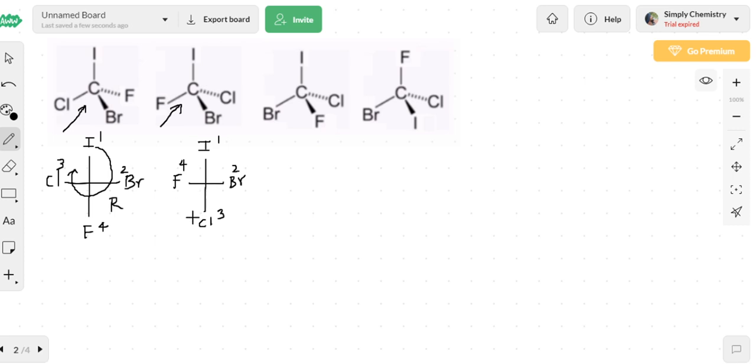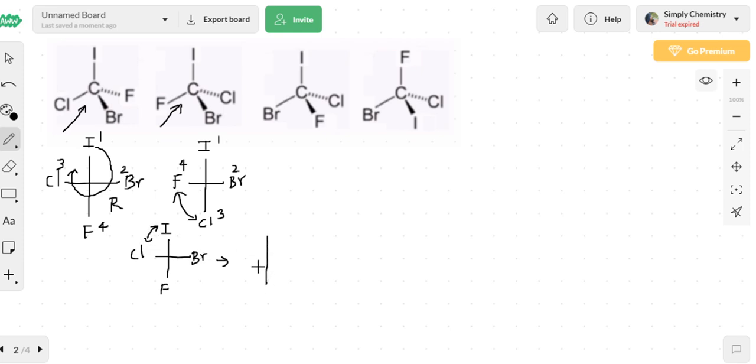So I'm trying to interchange chlorine and fluorine first. So we get this. So iodine stays at the top, bromine here, chlorine and fluorine. So we have made the first change. So we have to make the next change. I'm exchanging iodine and chlorine.